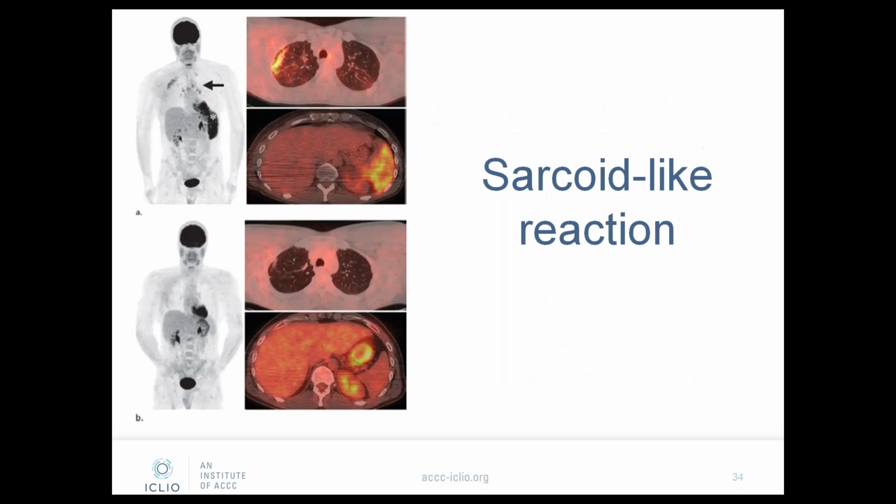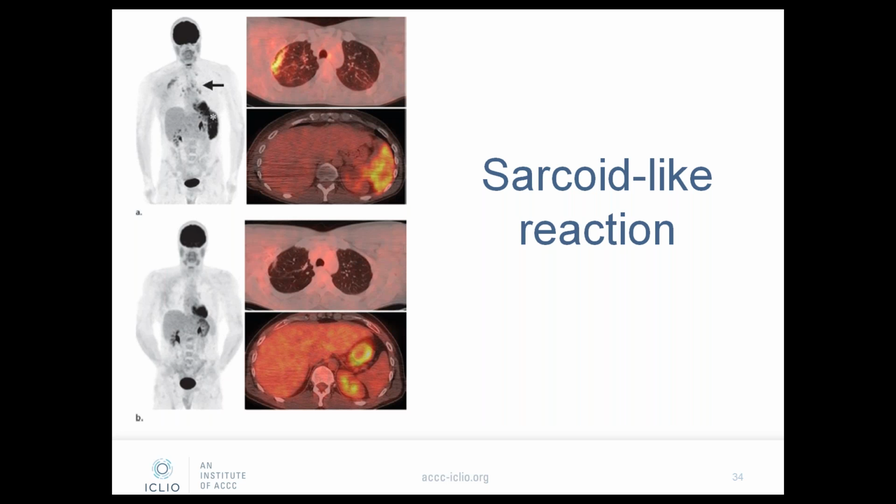Next slide. A sarcoid-like reaction is where you see FDG uptake or enlargement of lymph nodes. They can be anywhere in the body. We're showing an example here of lymph nodes in the mediastinum, which are enlarged and hypermetabolic. And the classic sarcoid-like reaction is again in the chest.